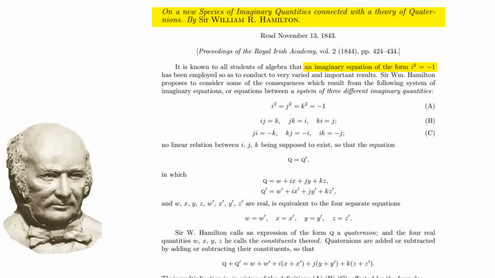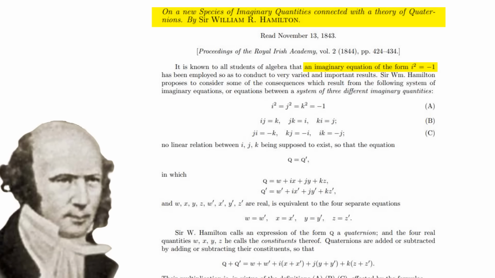So instead of having a complex number x plus iy, where i is the square root of -1 and i squared equals -1, he had what you might call a very complex number, w plus ix plus jy plus kz, with a real number and 3 imaginary numbers i, j, and k, which is why in Quaternions, i squared equals j squared equals k squared equals -1.